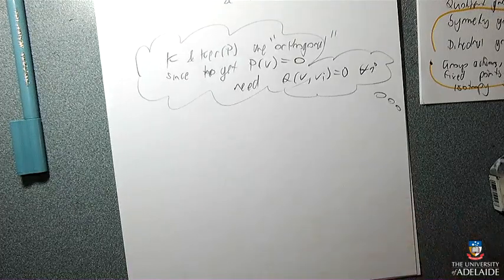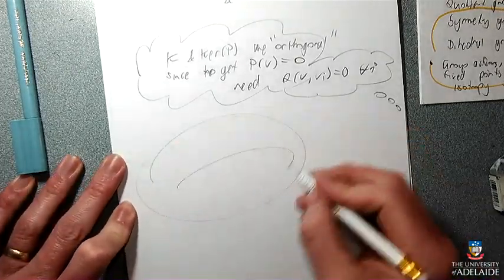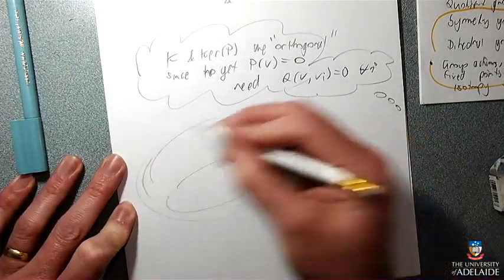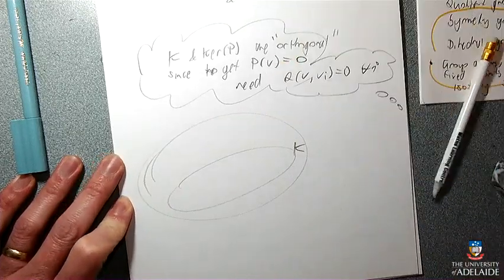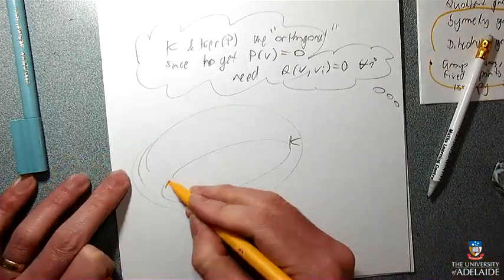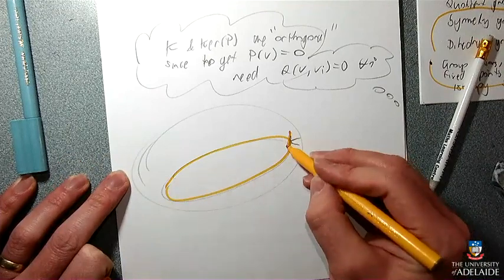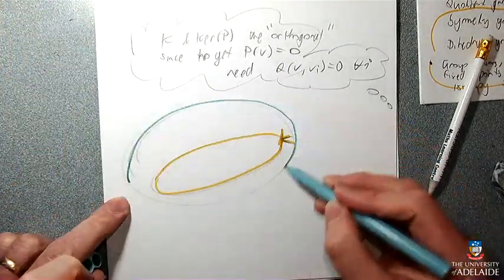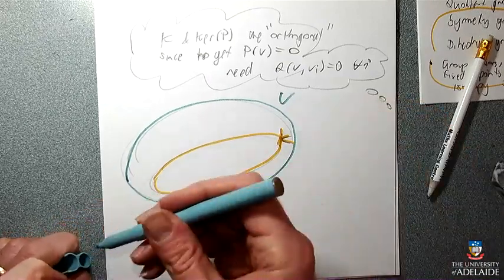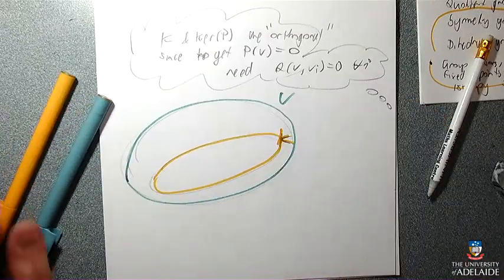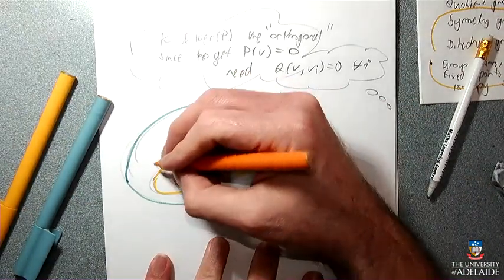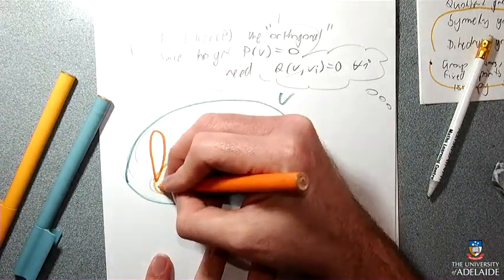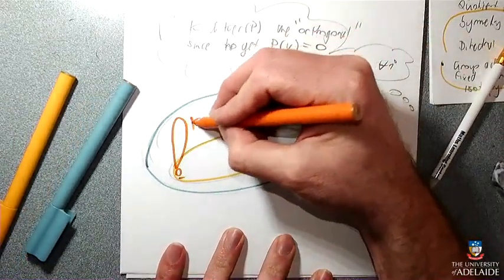So in my head I'm thinking, here's V, there's K, you need more different colours. So there's K, and this is V, and then the kernel of P just makes this the zero vector.